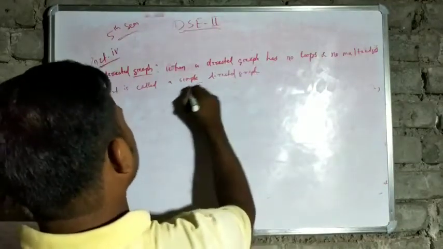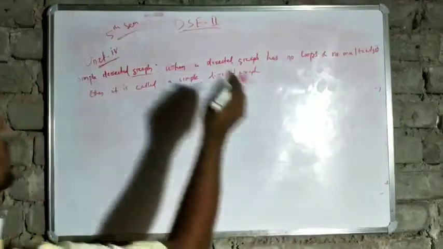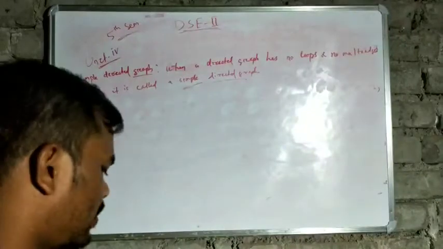Means I just combine these terms. The graph should be simple and the graph should be directed, then it will be a simple directed graph.